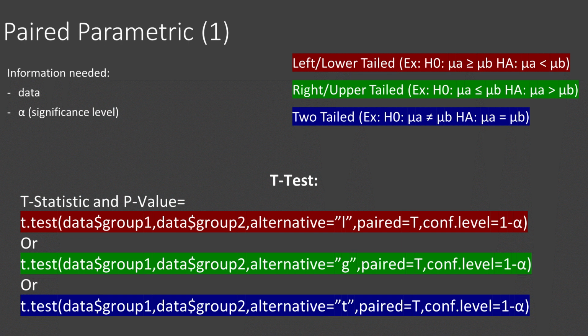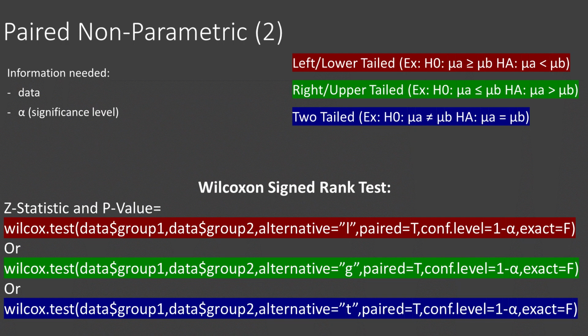And so for the second question, the paired non-parametric, this time you'll be using the Wilcoxon signed rank test. Don't know why it's called that, that's just how it is. And instead of a t statistic, it'll be using a z statistic, alright? And similar to the last question, question one, instead of using t.test, you're using wilcox.test, but the rest of the data is still the same.